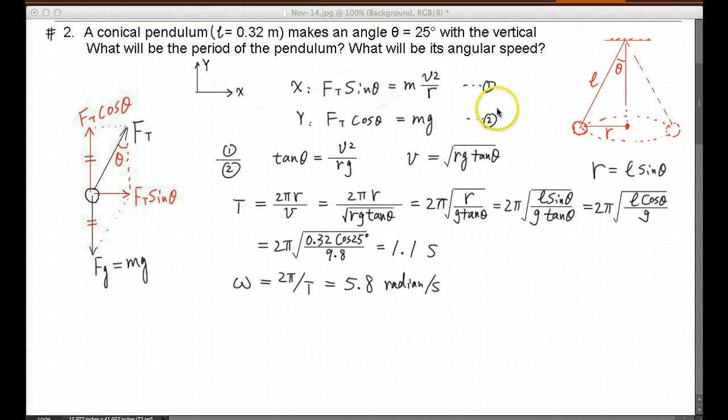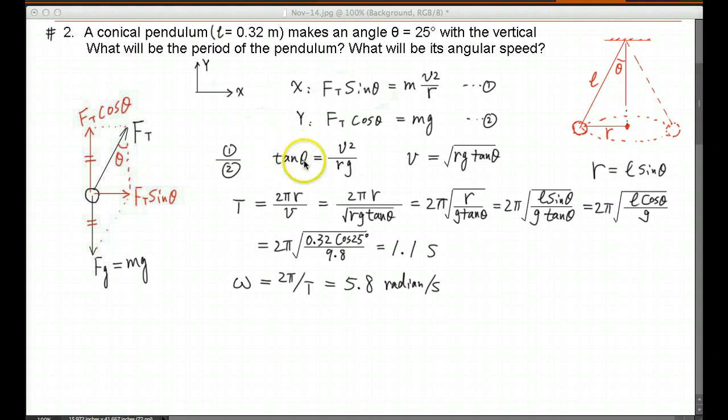Now since you have these two equations, there are a lot of different ways to solve for v. You can find Ft from the second equation and substitute into the first equation. The way I do it, I like to divide these two equations so that I cancel the Ft. When you divide, sine theta over cos theta equals tangent theta.